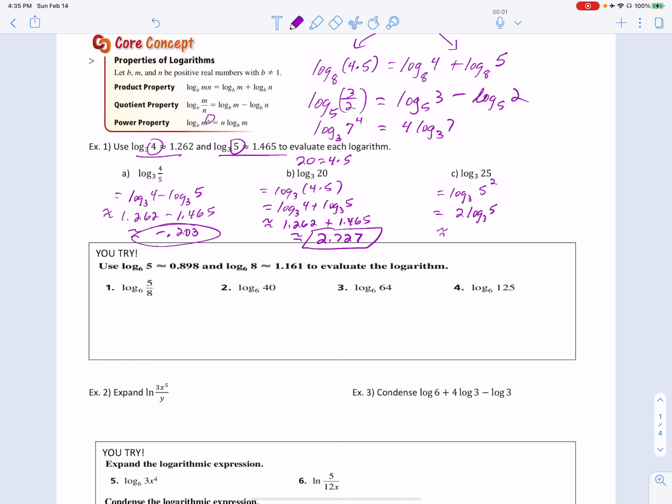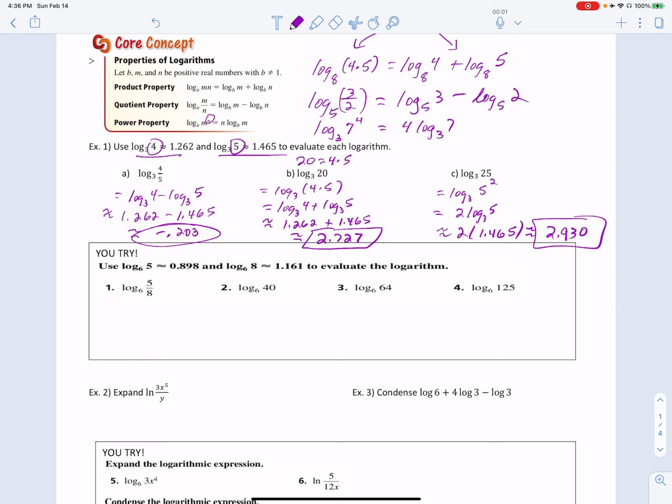Then I can substitute 1.465 for log base 3 of 5, and that comes out to 2.930. And you should have the 0 in that. There we go. So we have a few examples where you should try.